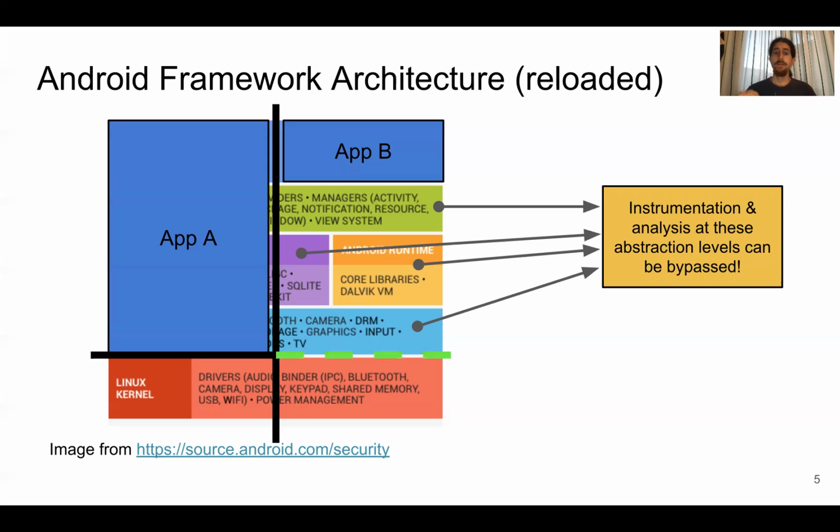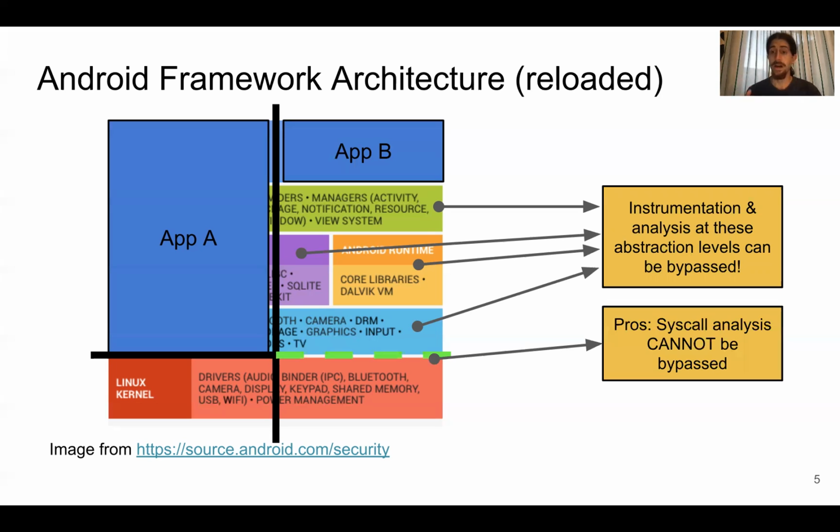So if you really want to have a proper instrumentation system, conceptually, this should happen where this green dashed line is. That's where security checks or instrumentation really cannot be bypassed unless you have bugs in the kernel and so forth.